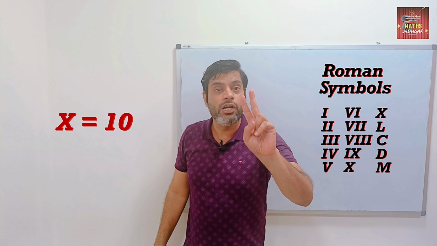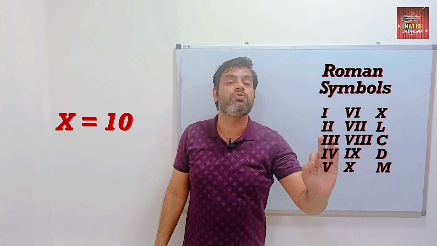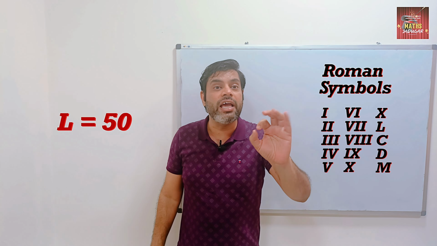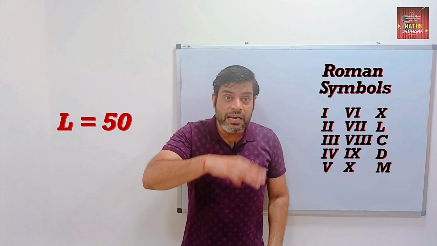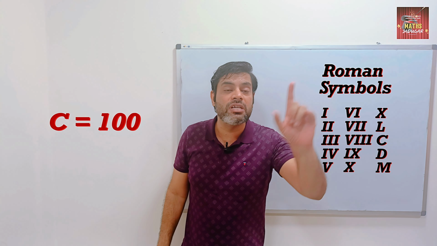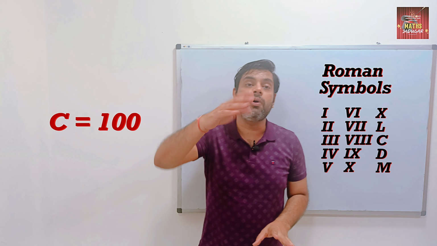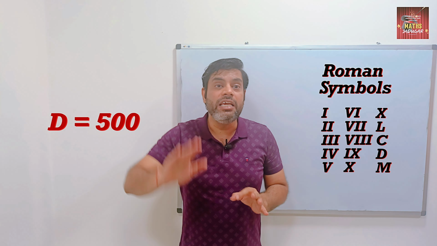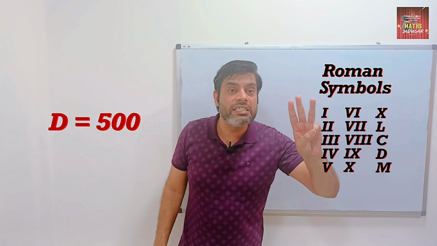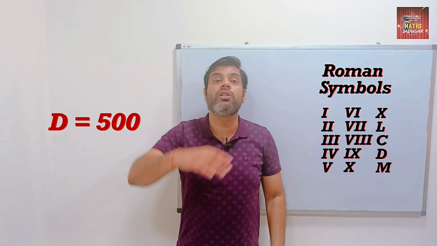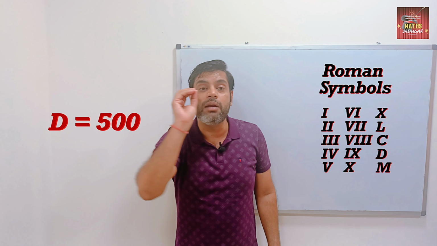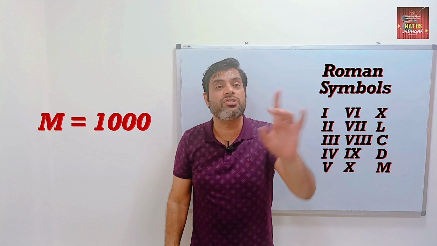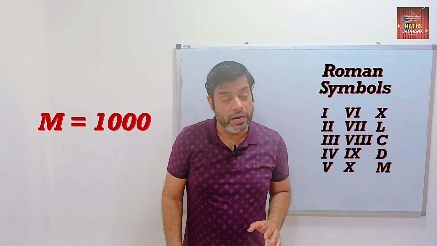So 10 is the first 2 digit number starting with 1. Similarly, 50 is the first 2 digit number starting with 5. In 3 digits, 100 is the first number starting with 1, so we will not talk about 101 or 110. Then D is 500, the first 3 digit number starting with 5, although there are numbers from 500 to 599, but we are talking only about the first number. Same way, M is the first 4 digit number starting with 1.